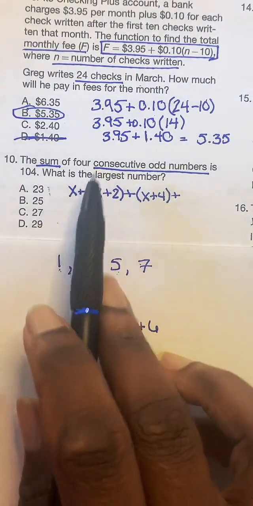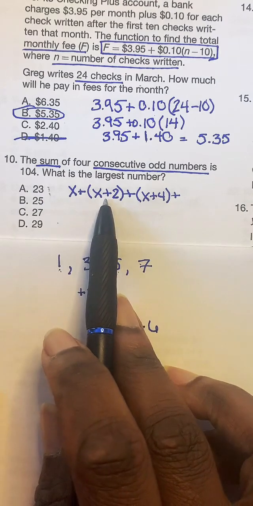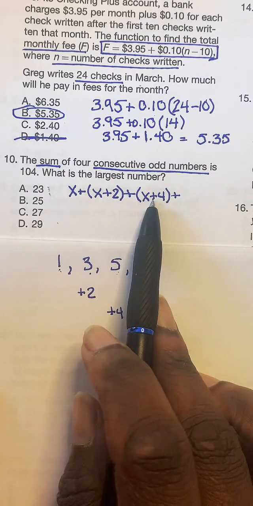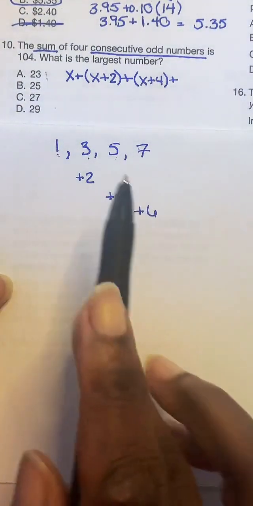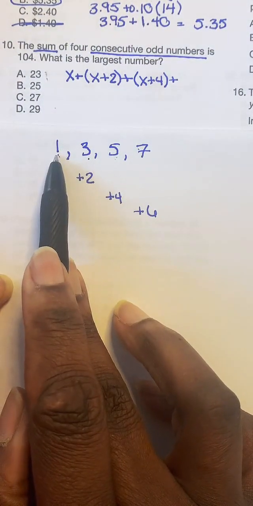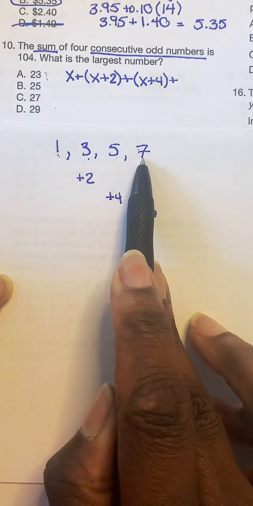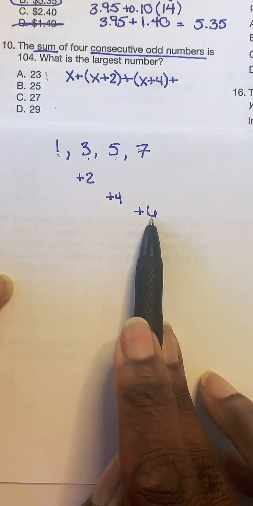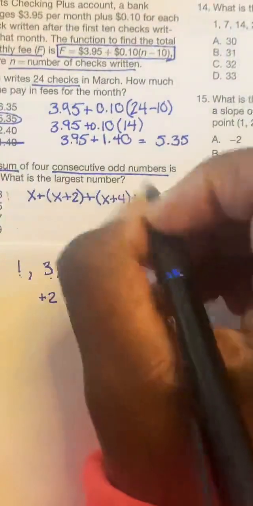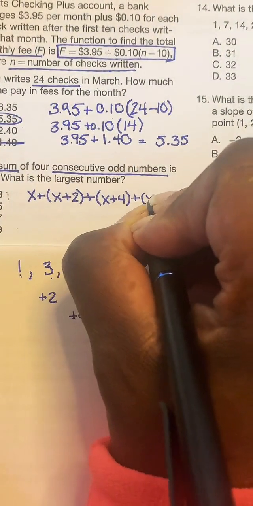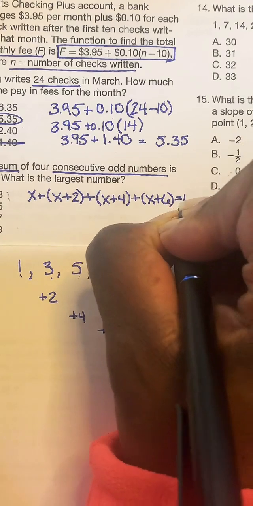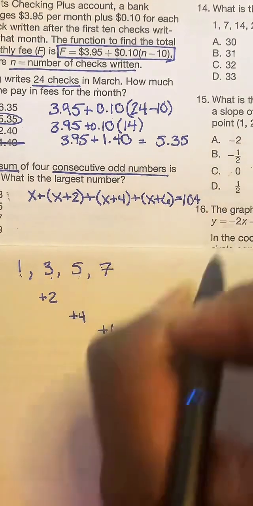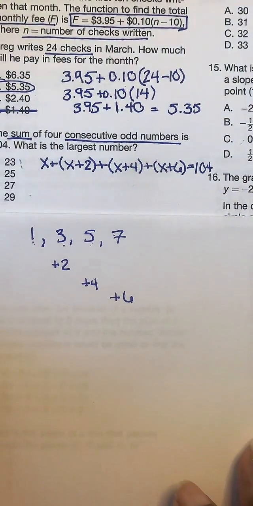So since we need 4, this is my first number, my second number, my third number. So my fourth number, just like I have written here, if I want to start at 1 and I want to get to 7, I would have to add 6. And it's going to equal our 104.